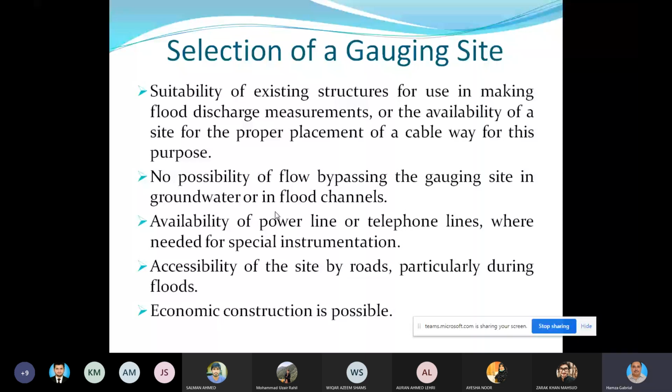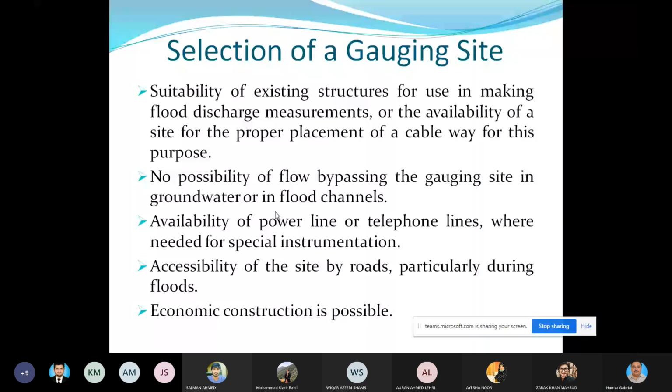Then another essential requirement is that there should be no possibility of flow bypassing the gauging site in groundwater or in flood channels. Because you want the total discharge measured, it should not be that there is some bifurcation and you are measuring the discharge on only one of the bifurcations.